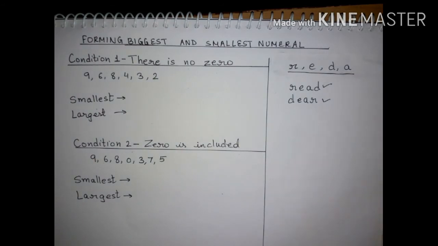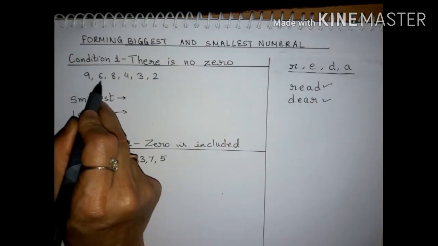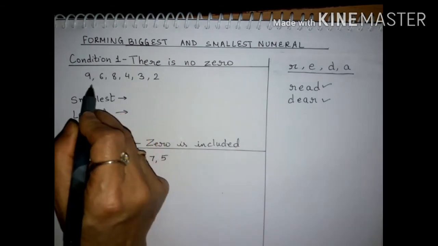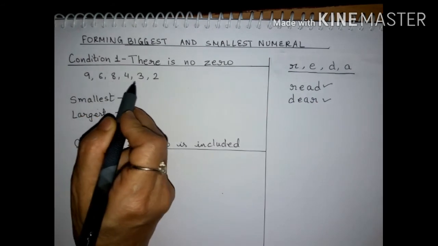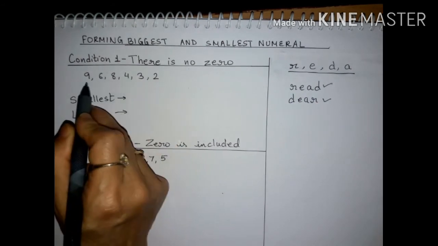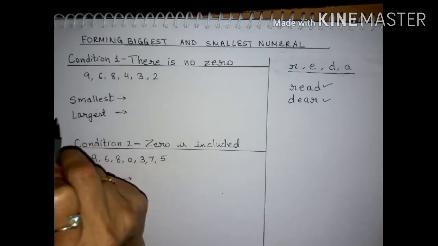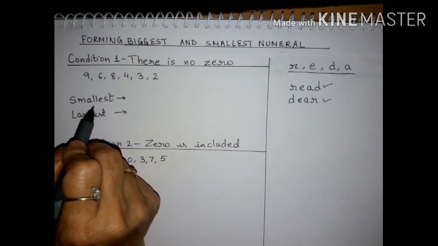Same goes for maths also. Let us take this example. I have taken some digits 9, 6, 8, 4, 3, 2. They are separated from each other by commas. It means it's not one numeral. These are just digits. Okay. Now let us frame the numeral from it. Okay.